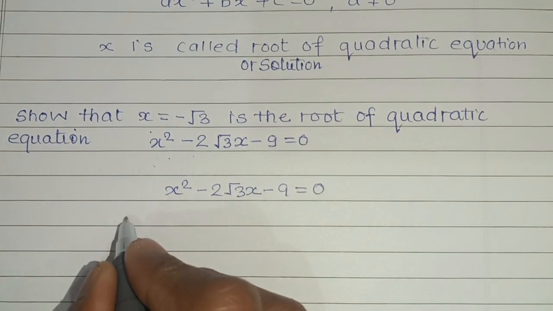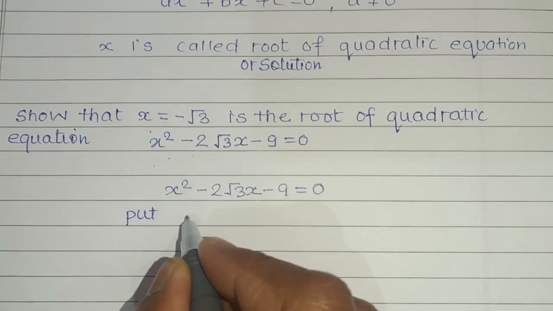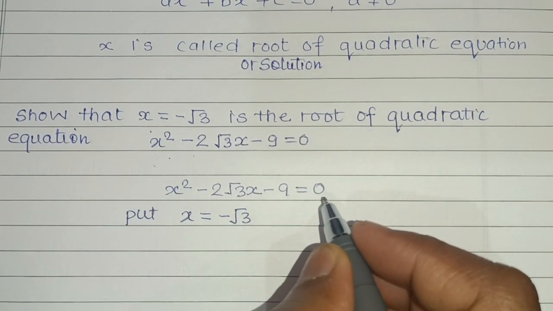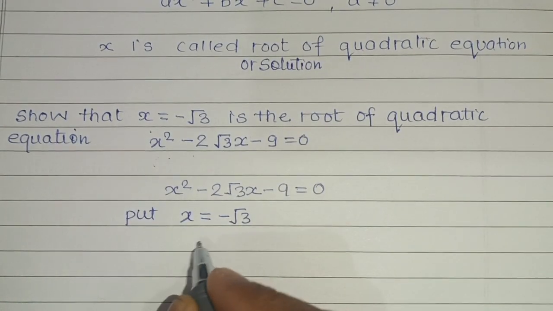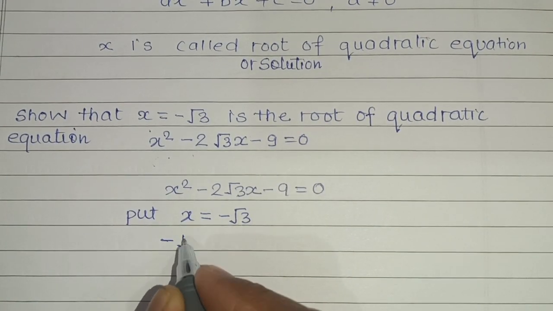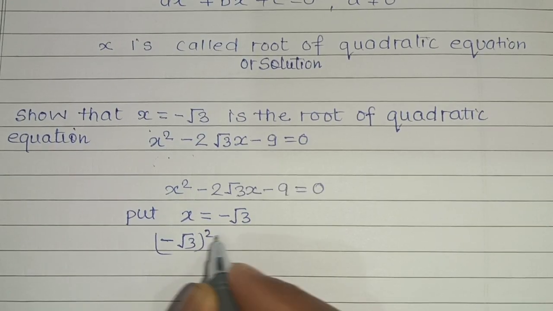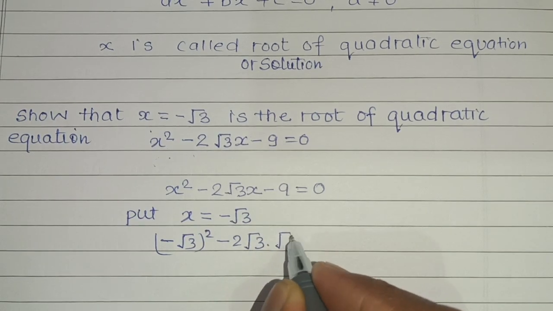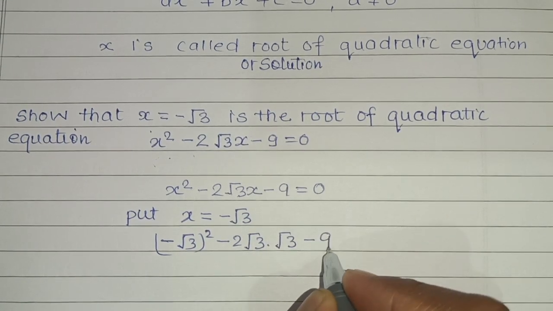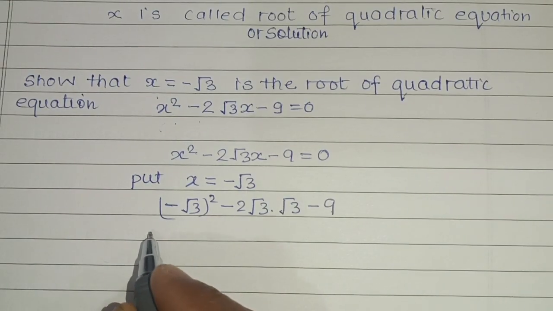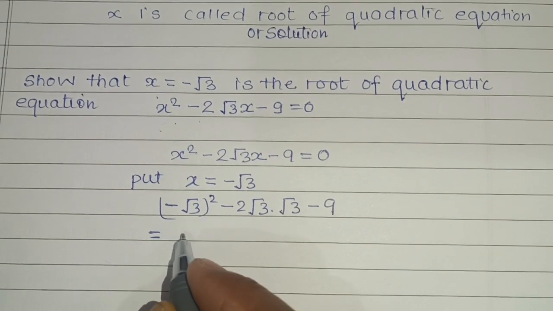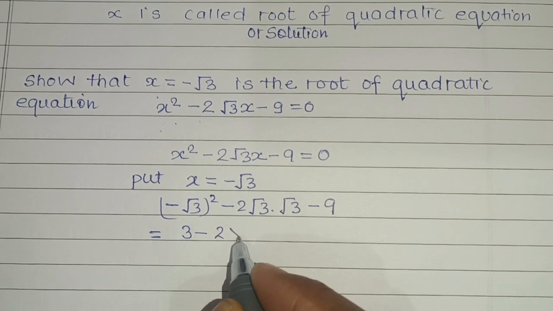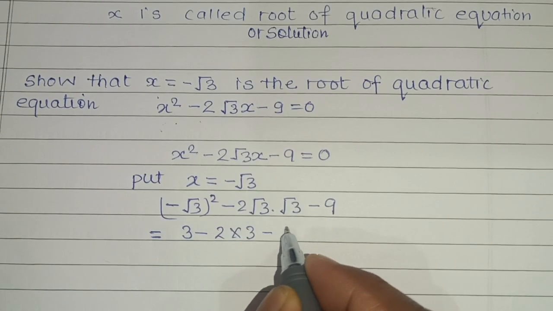So now put x is equal to root 3 in the equation. So write that is root 3 whole square minus 2 root 3 into root 3 minus 9. So what will you get? We will get 3, and that is 2 into 3 minus 9.